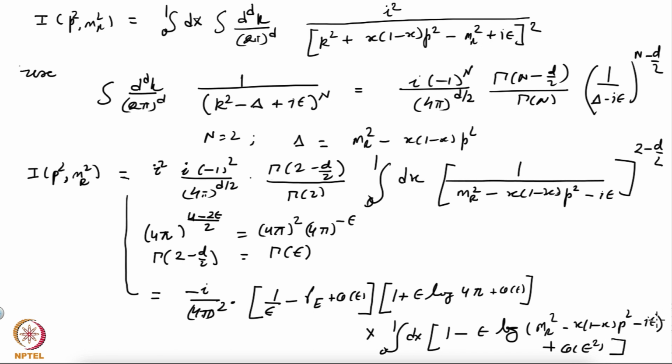Okay, this epsilon is different. Now all we have to do is multiply all these terms and look at the singular and finite terms and drop the order epsilon terms.